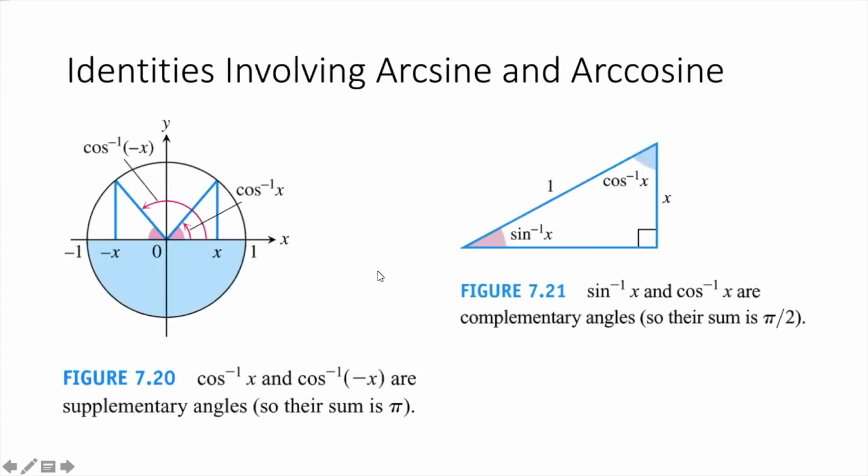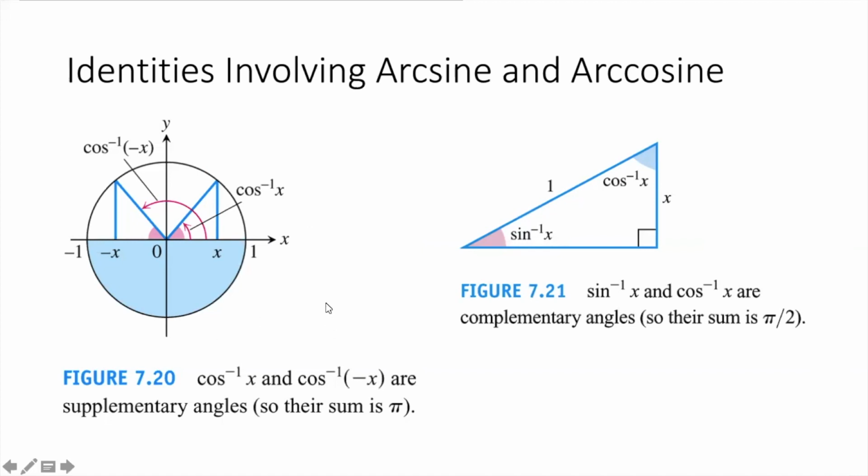All right, now there are some useful identities that are going to actually help us, well, for one thing, eliminate the need to use inverse cosecant, inverse cotangent, and even inverse cosine as much as we normally would have to.